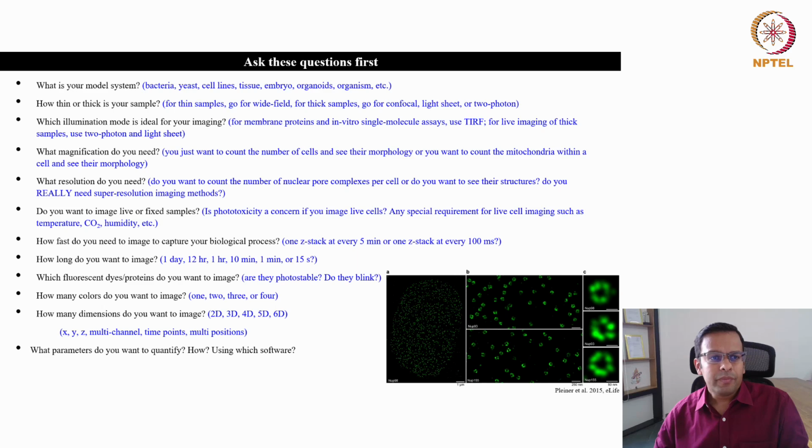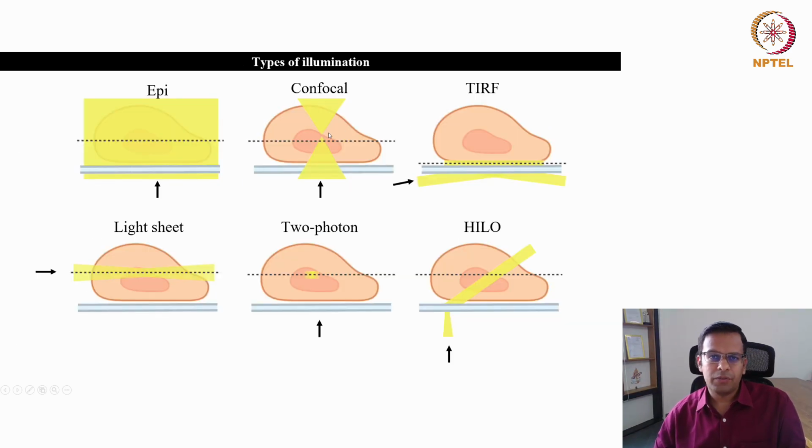Then you have to decide which illumination mode is ideal for you. There are several illumination modes that we already discussed in one of the previous classes, right? The epi illumination illuminates the entire cell. Confocal provides a cone kind of illumination. TIRF microscopy provides illumination very close to the microscope slide or the cover slip.